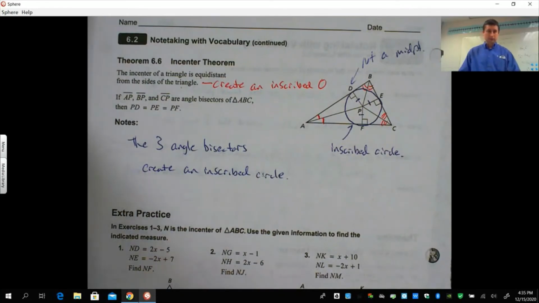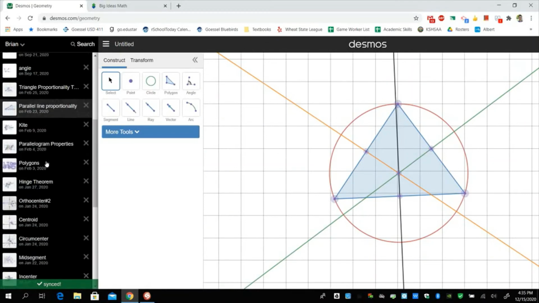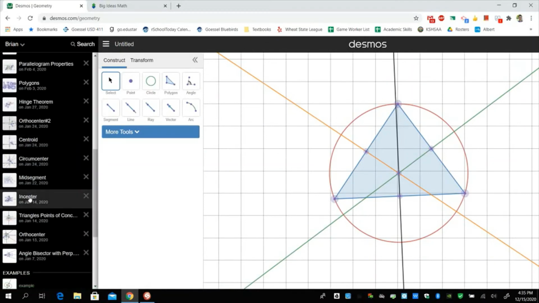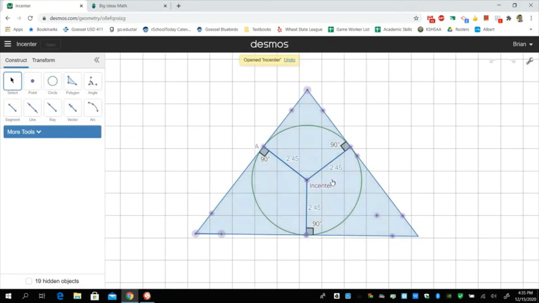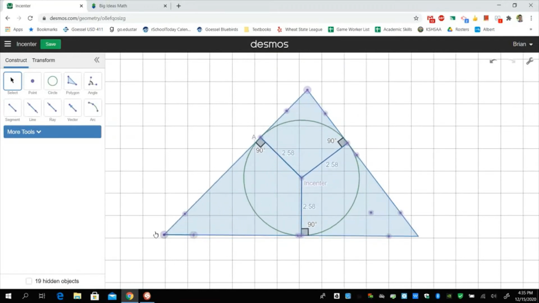So on Desmos, what this looks like, this takes a little bit longer to make, and so I'm going to pull up one that I've had before. So you see that green is the inscribed circle.